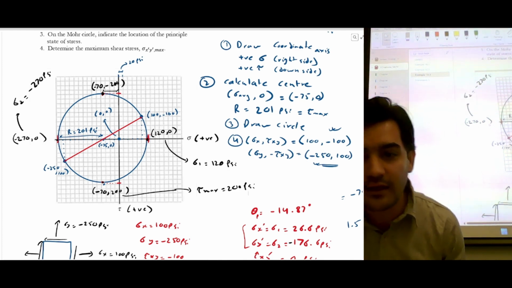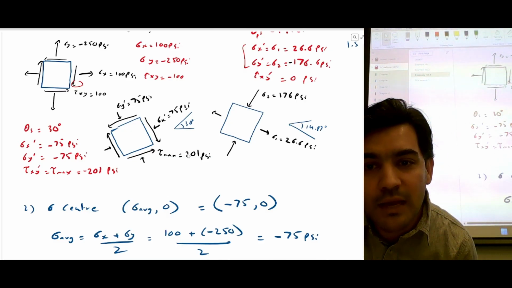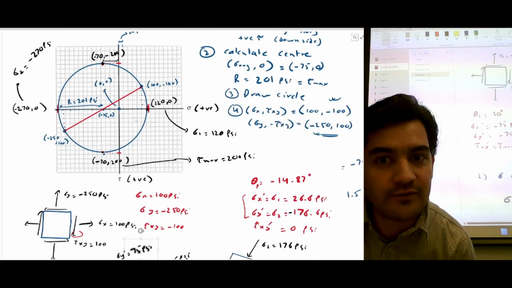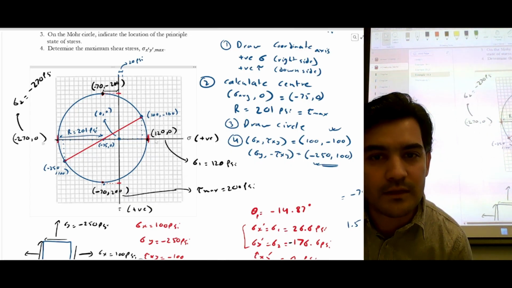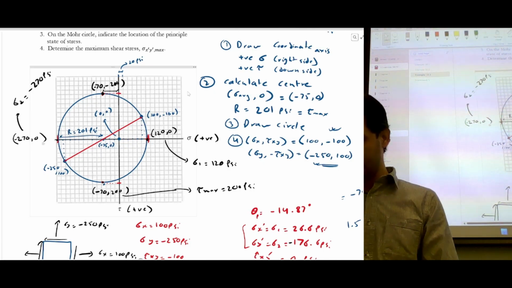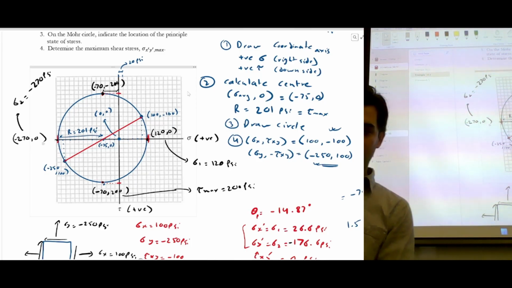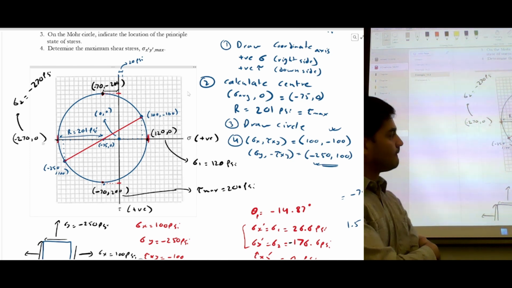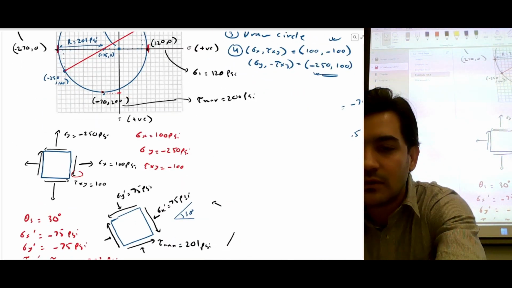I think I'm getting the same values. The maximum shear stress was 201, which we are getting. And at that point, we had 75, 75, which is roughly 70, 70 here. So you guys can also verify these values. This I got wrong, so I'm going to just delete this one.